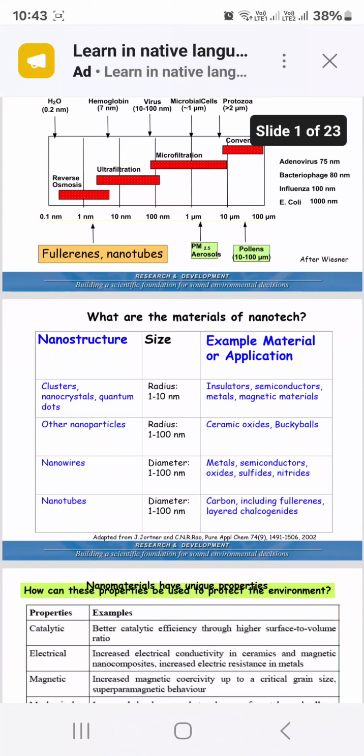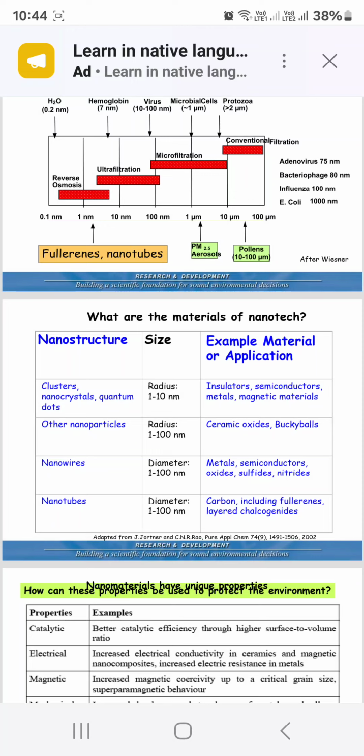So what are nanostructures and what are nanomaterials? Nanostructures refer to the sizes, and nanomaterials are materials synthesized by manipulation into a nano size. A bulk material has different properties.